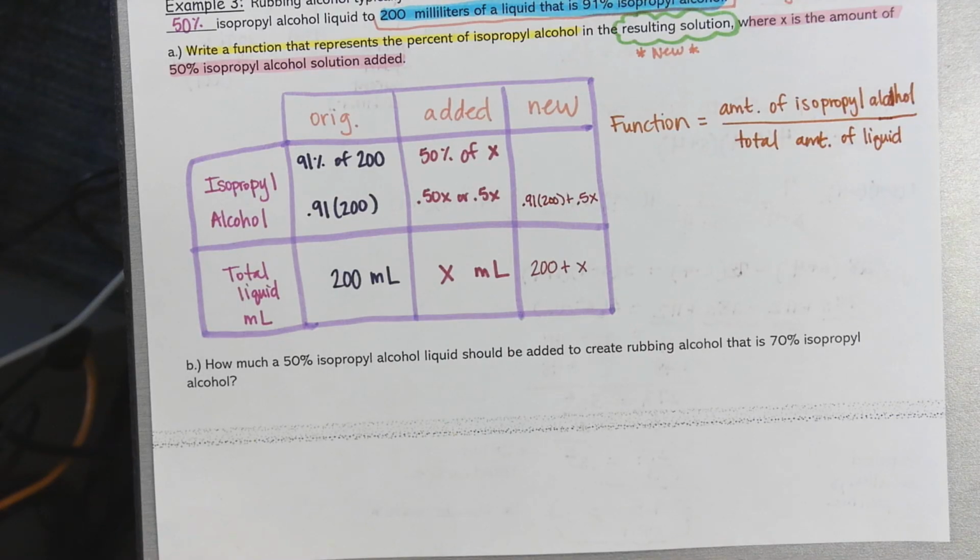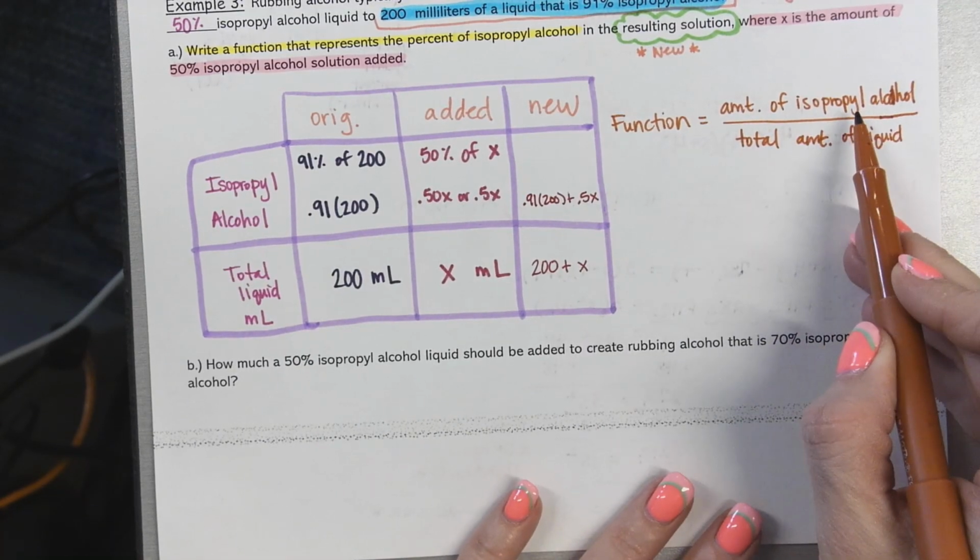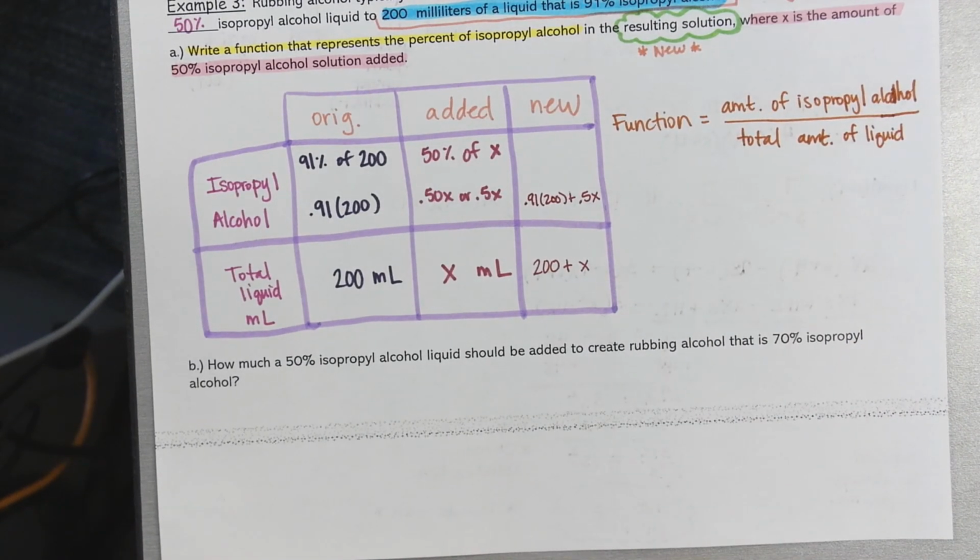Okay, so the percent is calculated by doing the amount of the isopropyl alcohol over the total amount of liquid you have.